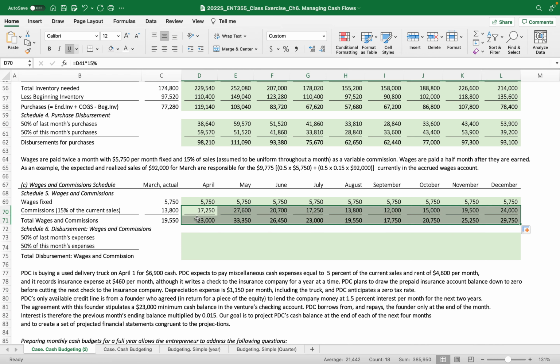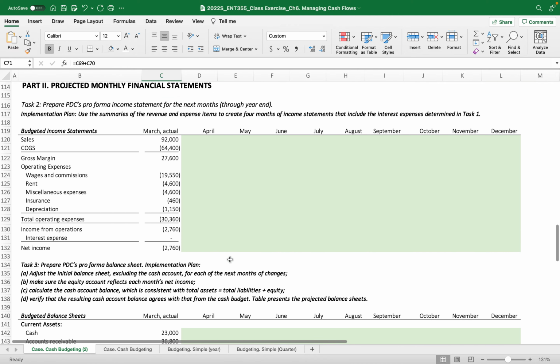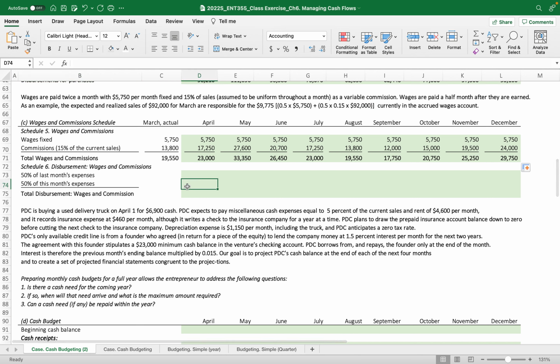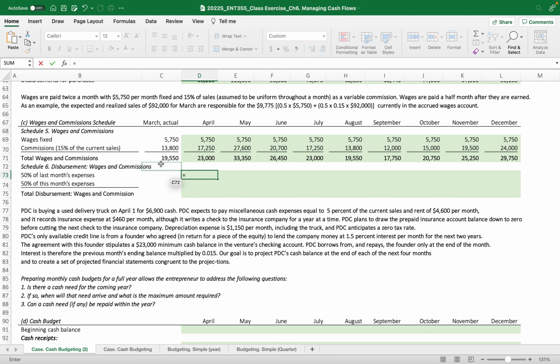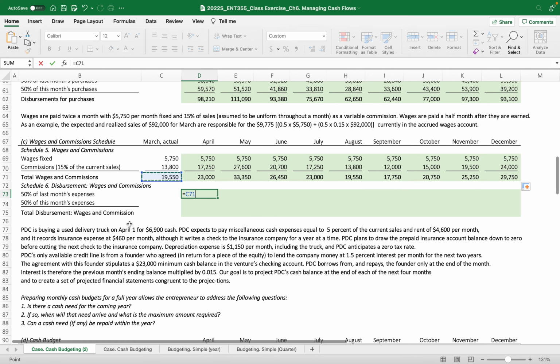And then where are you going to use that information? Right, on the income statement. There you go, wages and commissions. But the actual disbursement of wages and commissions is different, right? Because we plan to pay those wages and commissions along with this schedule. 50% of the last month's expense, exactly the same way we did here on the purchase schedule, times 50%.